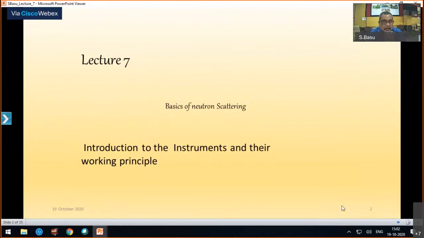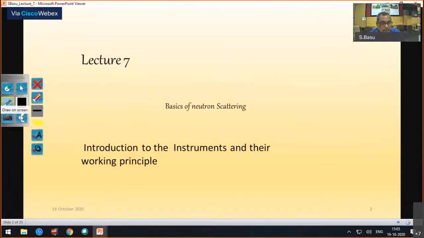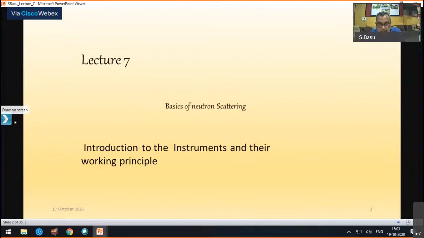One, that we have derived the scattering cross section d2 sigma d omega dE as a Fourier transform over a correlation function G of r,t, and we derive an S of Q, omega for the system.